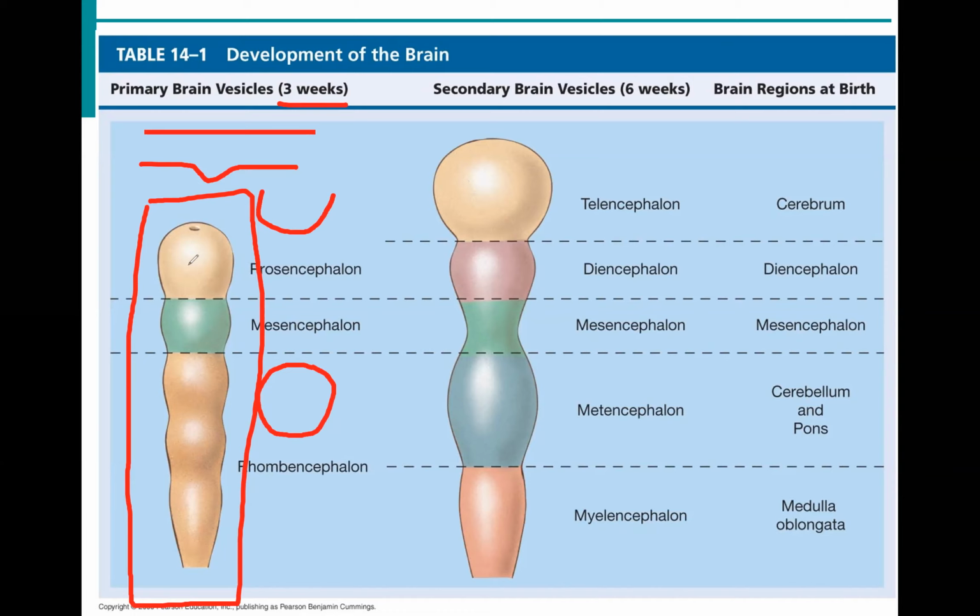This fluid-filled tube of cells continues to expand to form, as we can see here, structures that are called vesicles. And notice there are 5 main vesicles. This occurs at 6 weeks of development.